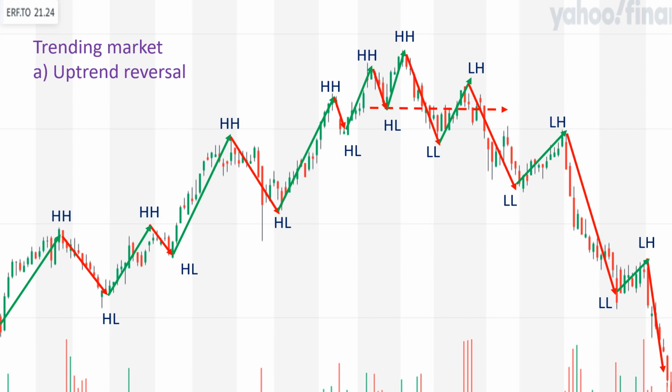That is the characteristic of a downtrend, or uptrend reversal. So as you see, below this horizontal line, we can seek a selling opportunity. I will show you how to place a trade.